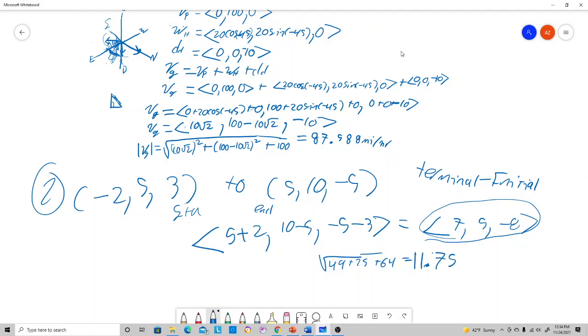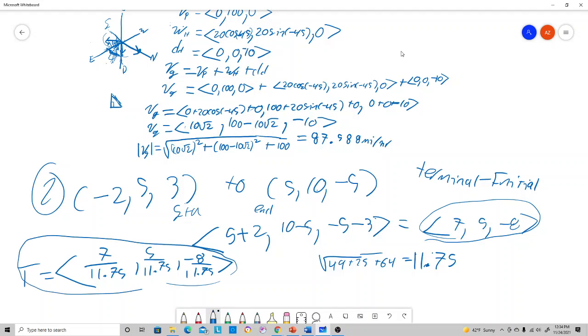To turn it into a unit vector, and we can call this unit vector t, all you have to do is take your regular components and divide them by the magnitude. And then that's the unit vector.